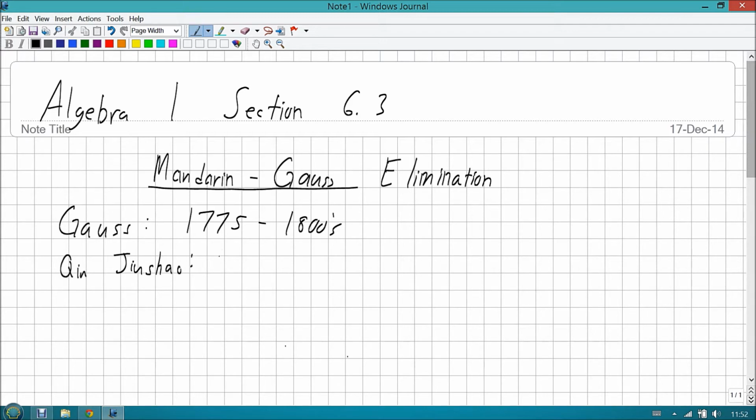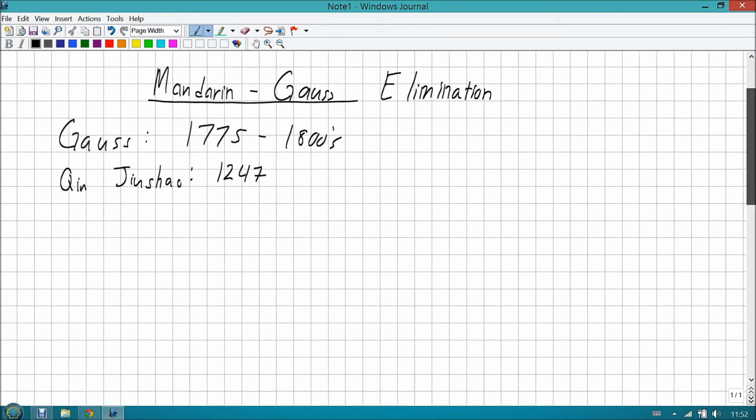And he was around in 1247 when he wrote his mathematical treatise in 9 sections, which included the elimination method. So while some people call this Gaussian elimination, I prefer to call it Mandarin Gauss elimination because it was invented by a Mandarin about 500 years before Gauss created it.